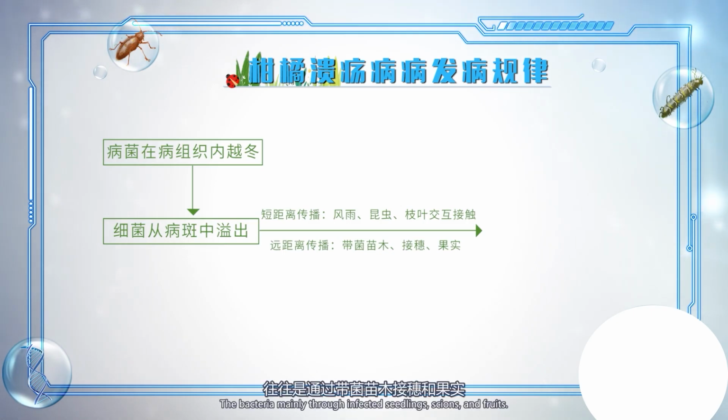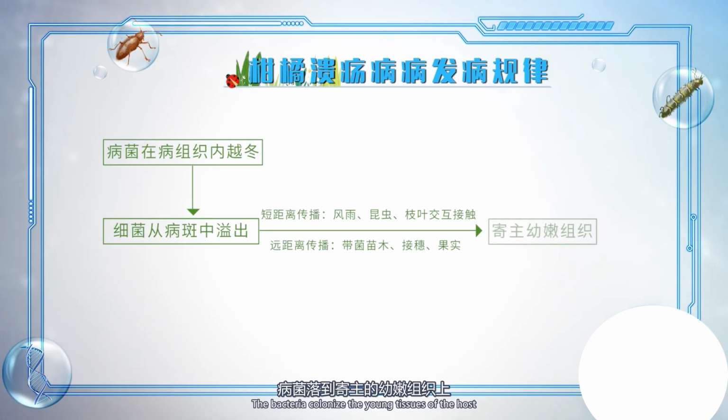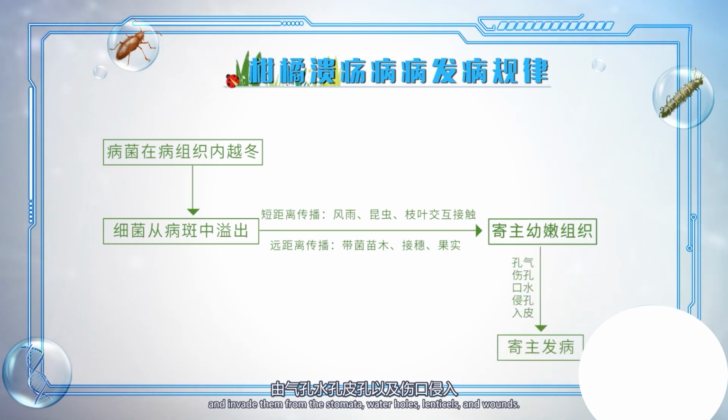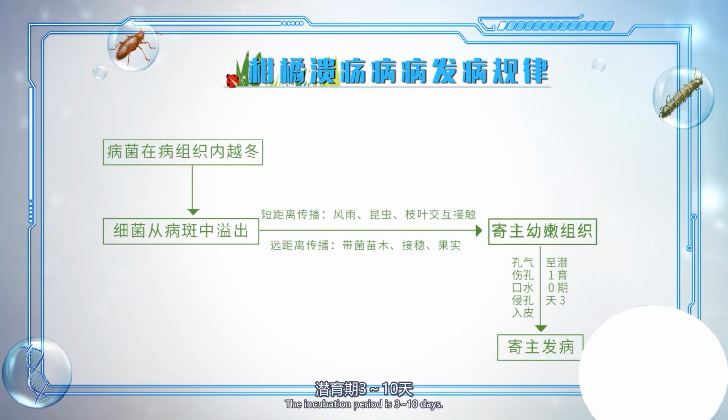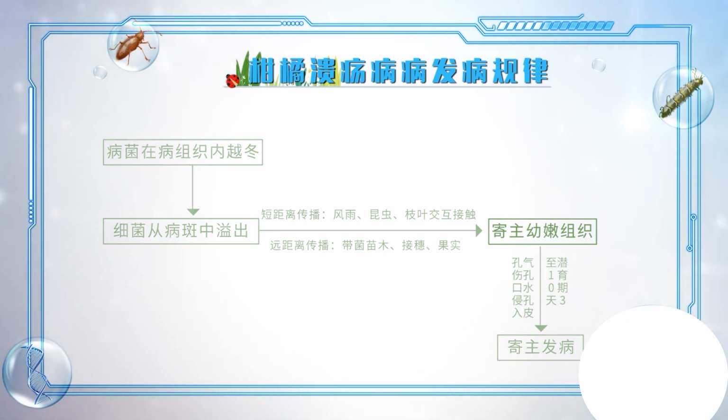The bacteria mainly spread over long distances through infected seedlings, scions, and fruits. The bacteria colonize the young tissues of the host and invade them from the stomata, waterholes, lenticels, and wounds. The incubation period is 3 to 10 days.